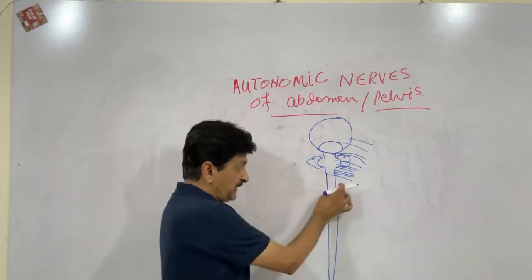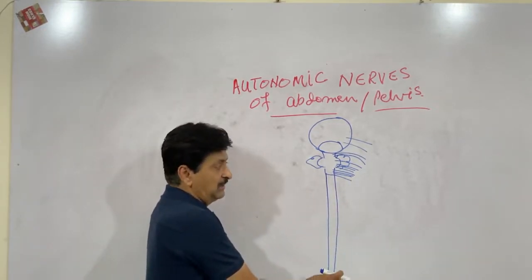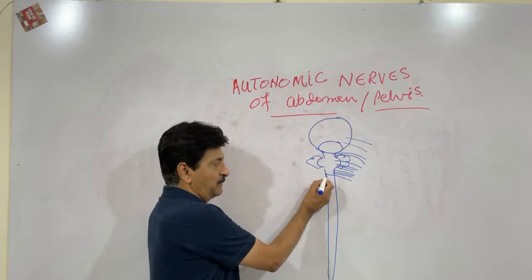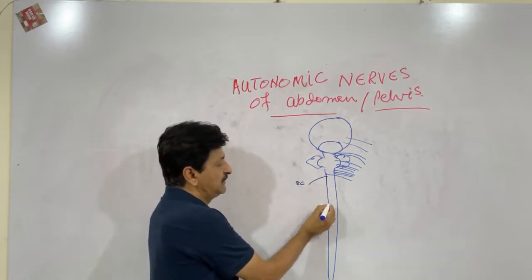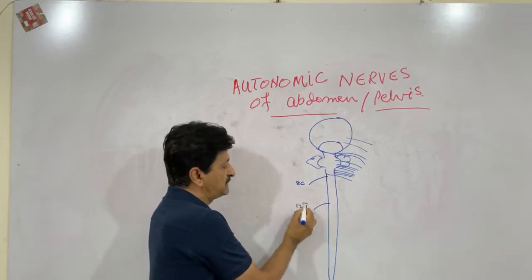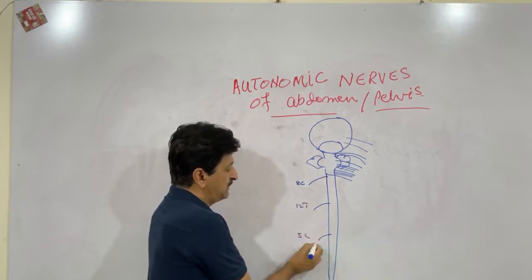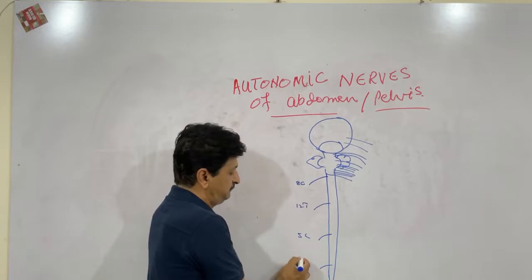And when you are bringing yourself here, you see that you have nerves here, like 8 cervical nerves. You have seen here the 12 thoracic nerves, 5 lumbar, 5 sacral, and 1 coccygeal.